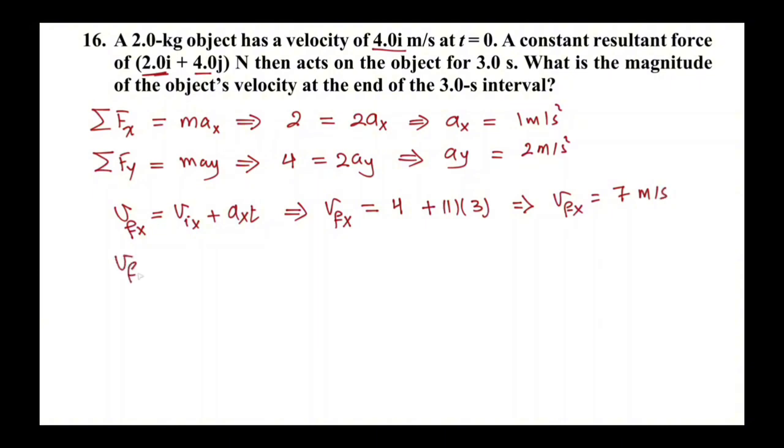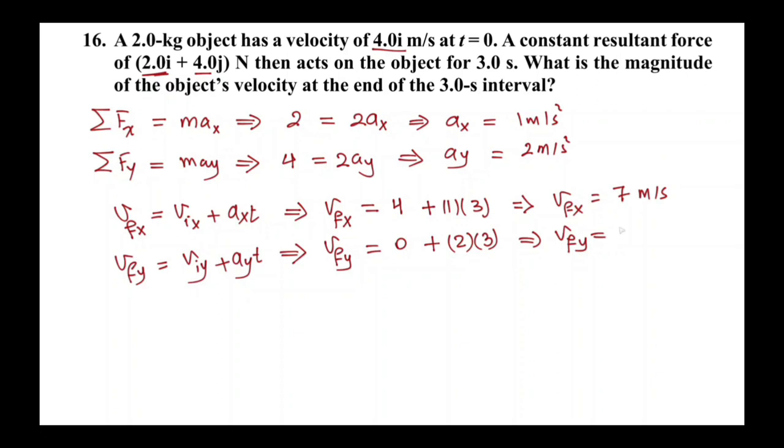Now the final y, same rule, the initial y plus a_y t, and the final y equals the initial velocity on the y component, which is 0, plus the acceleration on y, which is 2, times 3, so the final y equals 6 meters per second.